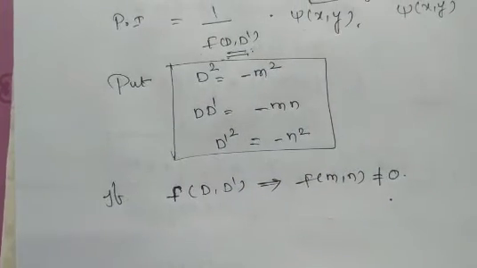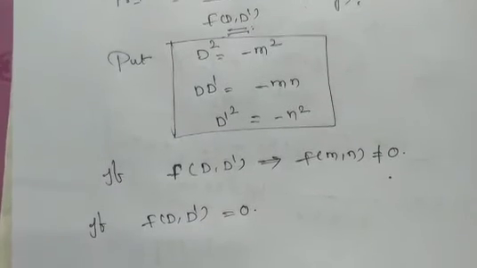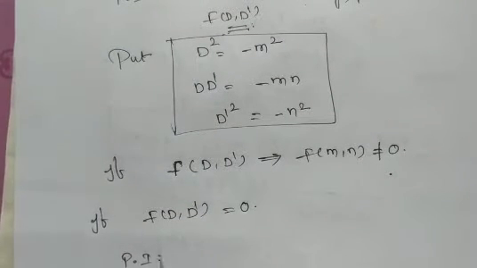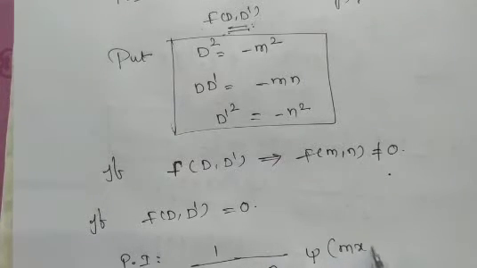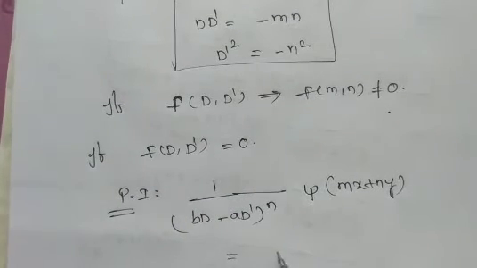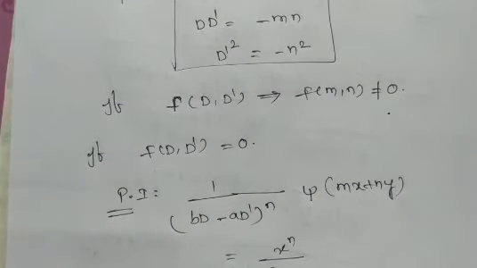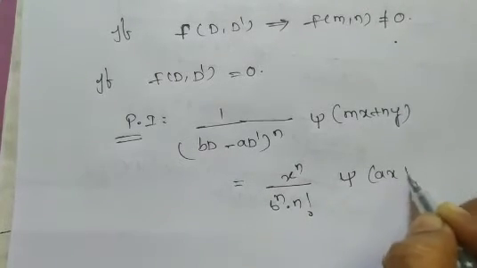Coming to the next case, if f of D, D dash is equal to 0, then the particular integral, here I am writing one formula, 1 by (bD minus aD dash) whole power n into psi of mx plus ny equals x power n by b power n into n factorial into psi of ax plus by.